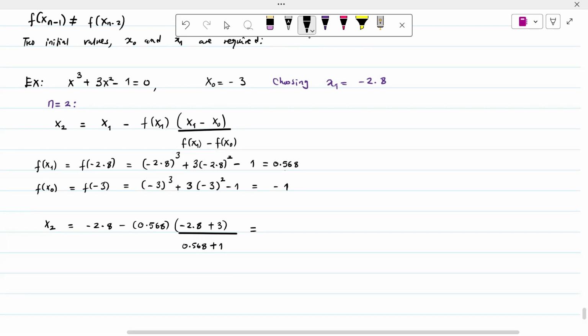Okay, so let's see how much we get there. How much are you getting? Okay, let's hurry up. So I'm getting negative 2.87 something.